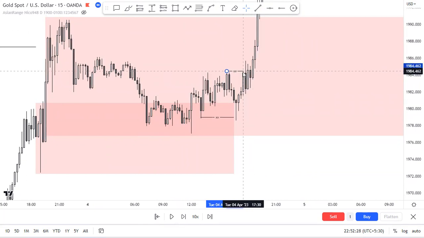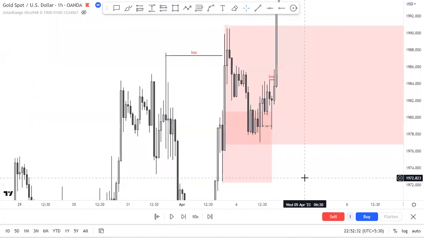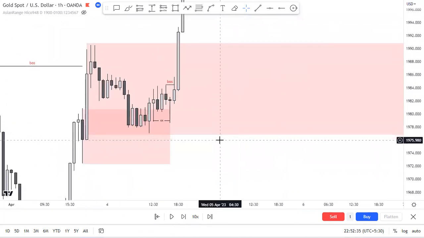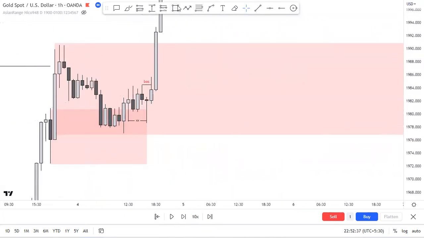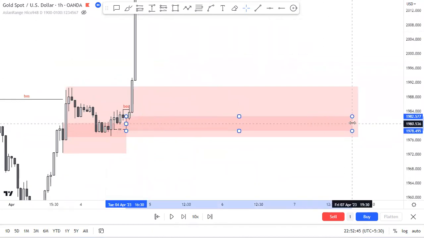When I switch it to 1 hour, have a look. It's a clear candle which sweeps a liquidity, and it forms a perfect one for me to look for buys. So I just marked this area.